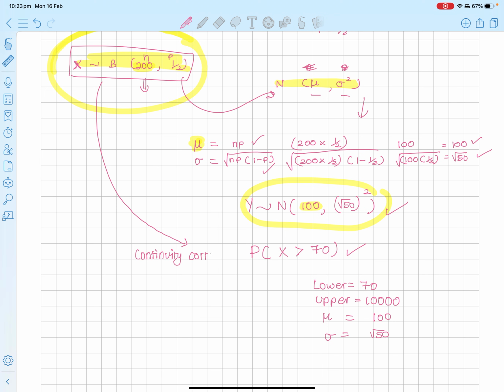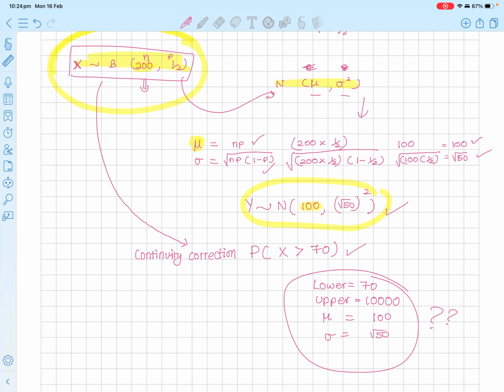The continuity correction is easy, but people forget to do it. Like how I've started here, this is what people will do. Don't start that. Always, once you change it, remember continuity correction. It's just a theory. Just do it a couple of times, it will get into your head.